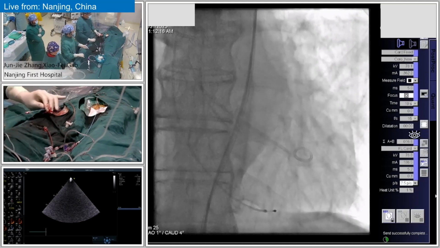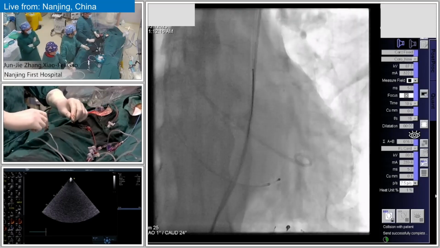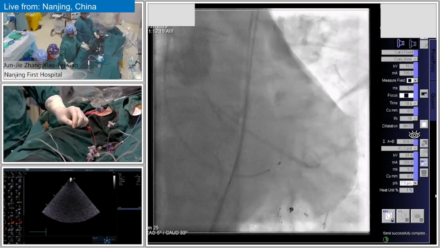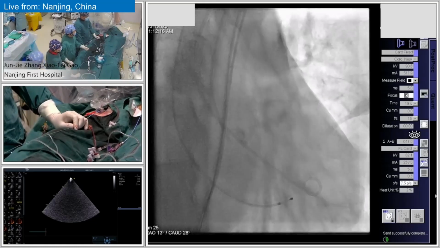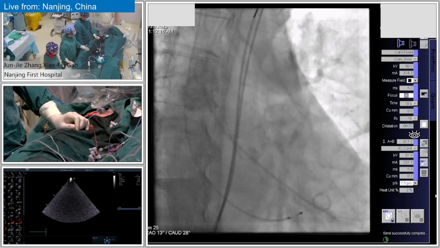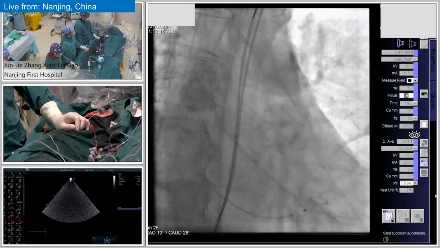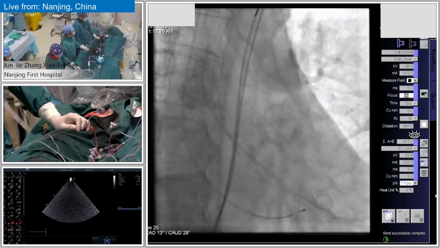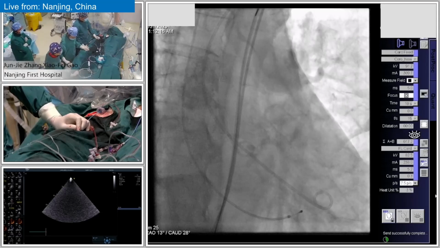From the echo, there is hypertrophy of the LV, which means the left ventricle is small. Considering the baseline echocardiography shows very little regurgitation, we should be cautious after balloon dilation, as there will be a risk of cardiac collapse.